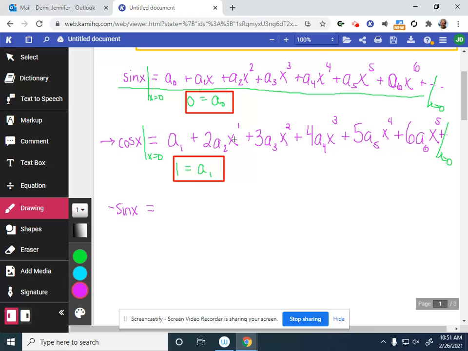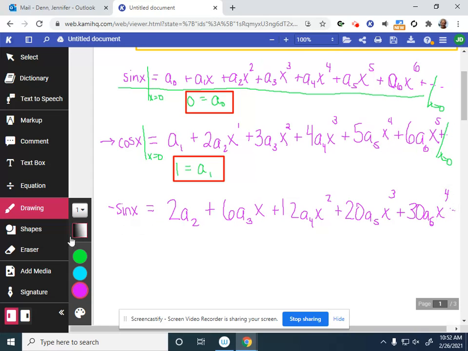So 2a sub 2x, the derivative is just 2a sub 2. The derivative here, I take the 2 times this, so I'm going to have 6a sub 3x. This I'm going to have 12a sub 4x squared. Here I'm going to have 20a sub 5x to the third and 30a sub 6x to the fourth.